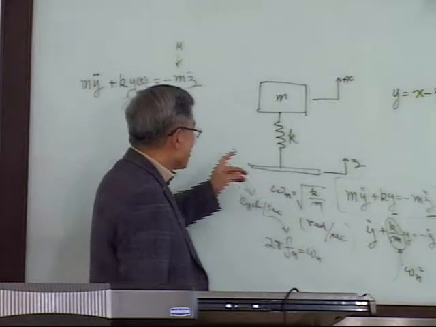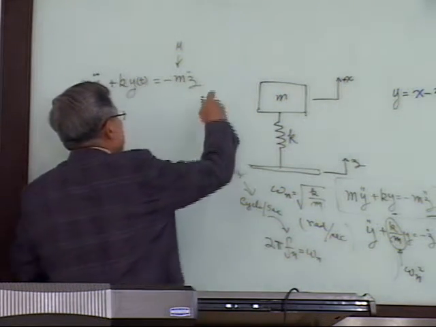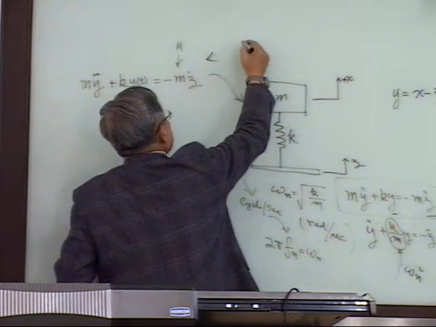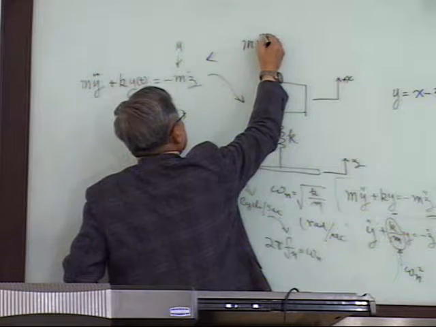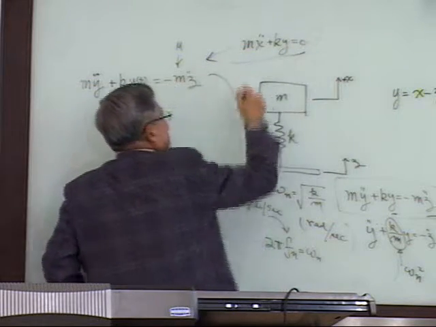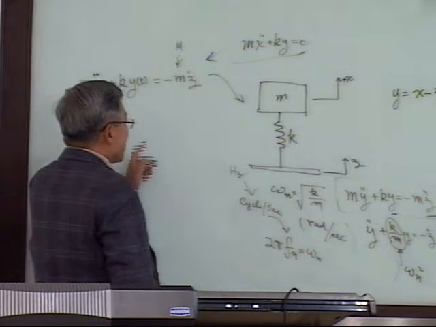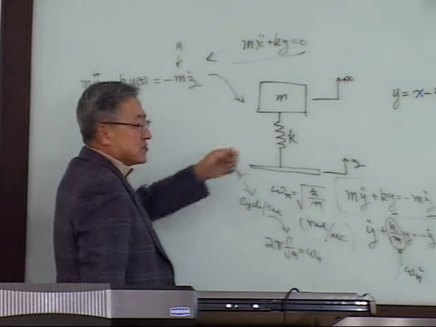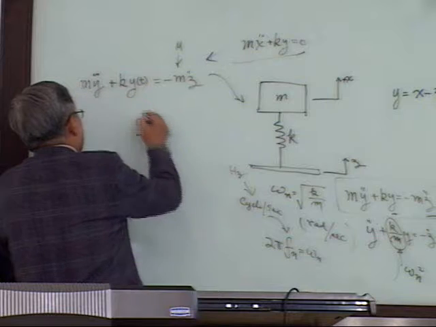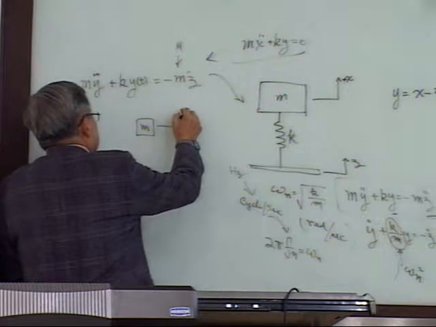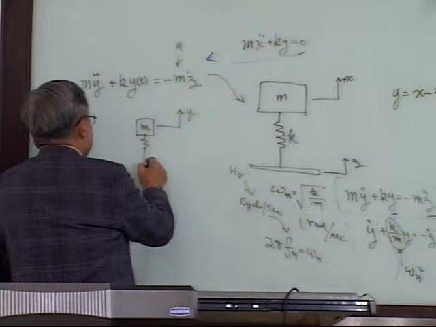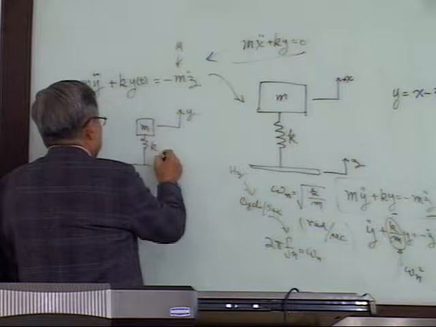So now you can convert the same equation. This is coming from the equation mx double dot plus ky. Same equation, okay? So if I recast this equation into the model, this is my y double dot, and now ky, this is k.